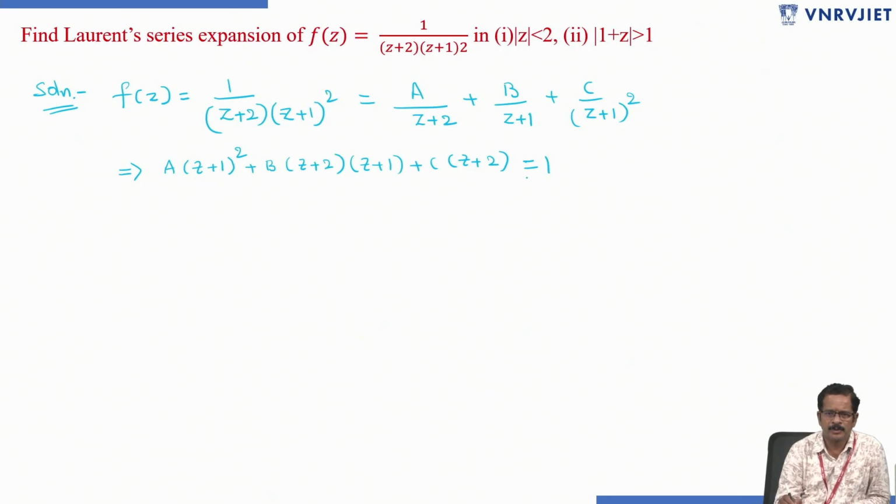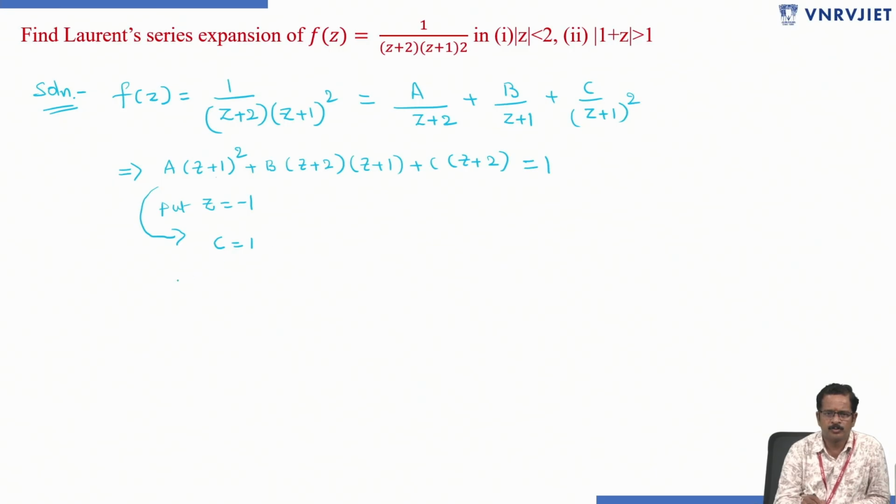By taking the numerator functions on either side, we get this. Now put z equals minus 1. Then A becomes 0, B becomes 0, only C will be left. C is equal to 1.